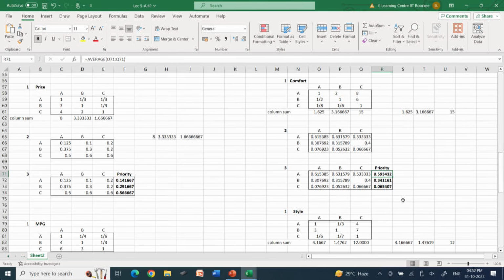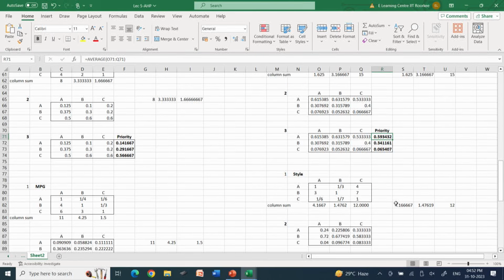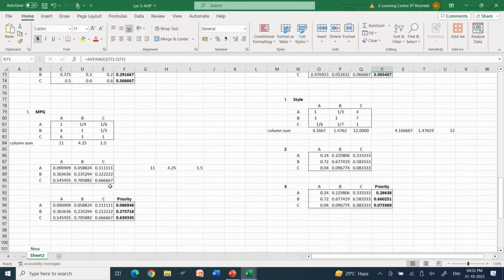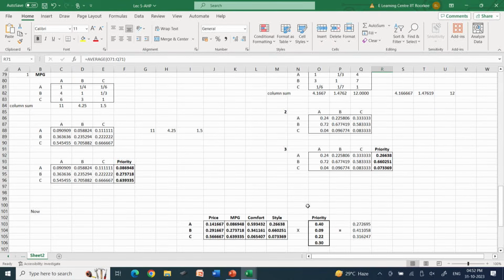What does it imply? If comfort is the only criteria, the best car option is car A. Similarly, if miles per gallon is the only criteria, the best alternative is car C. If style is the only criteria, the best alternative is car B. So I got the priority of all the alternatives for each criteria.